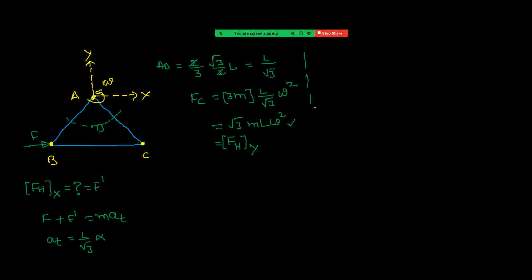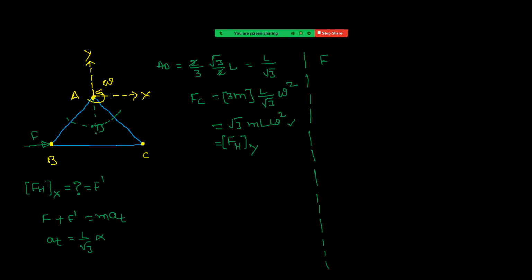To find the alpha value, we have to focus on the torque equation, right? And about which axis do we take the torque equation? About the axis about which the body is rotating, that means about the origin. So if you take about this, the torque will be F into the perpendicular distance. That is how much?